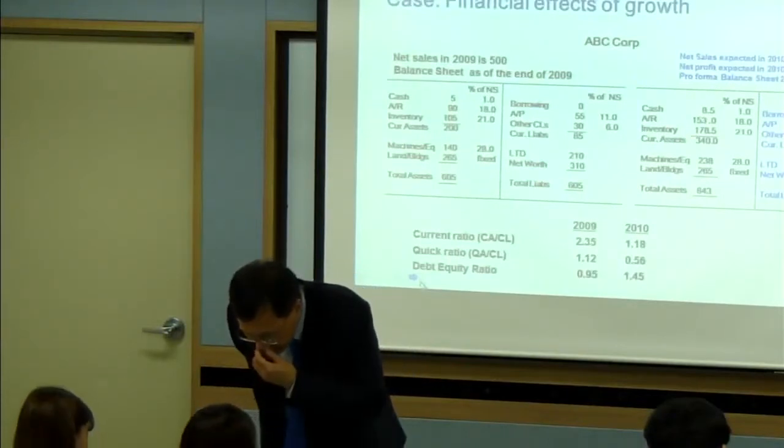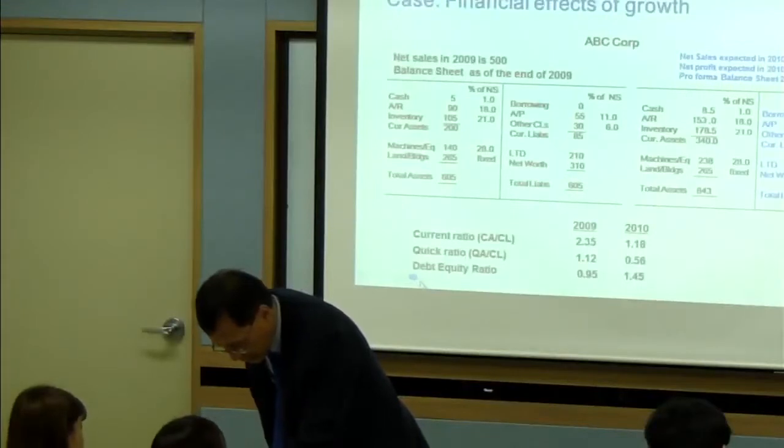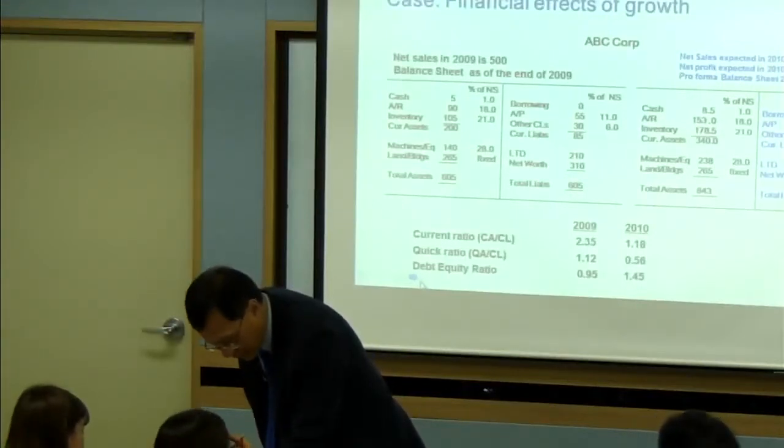500 is tourist and remaining is inventory. No. What is this? Net sales.